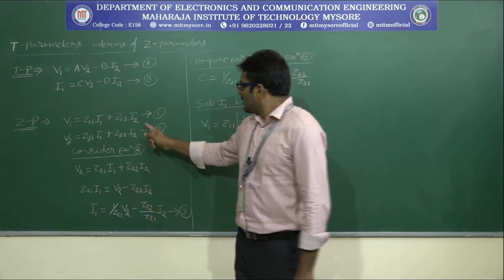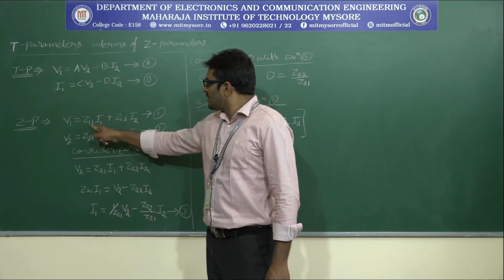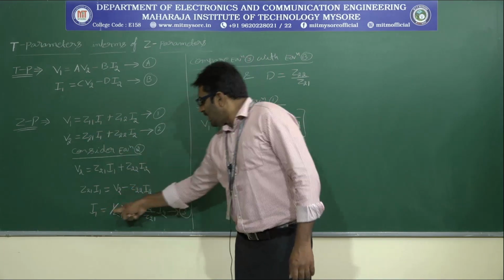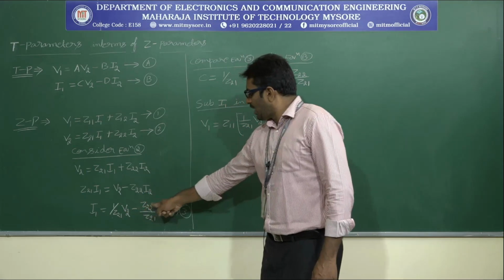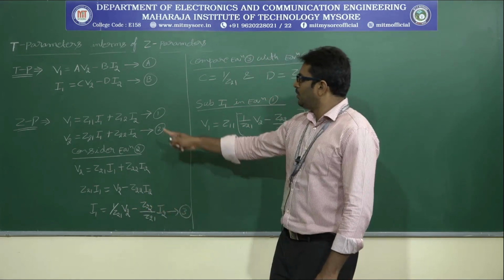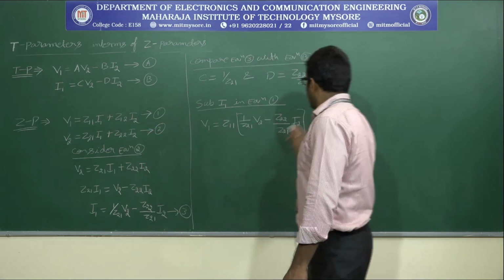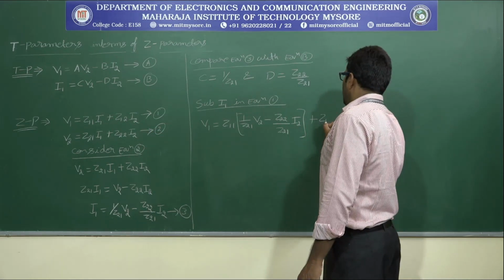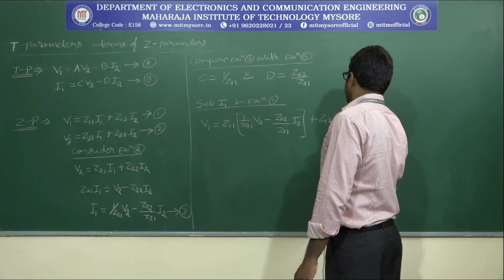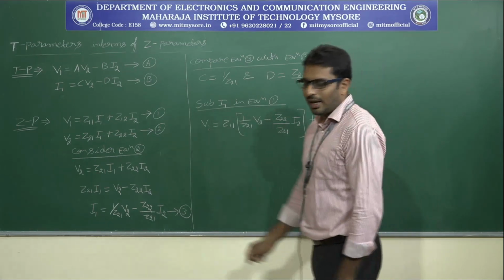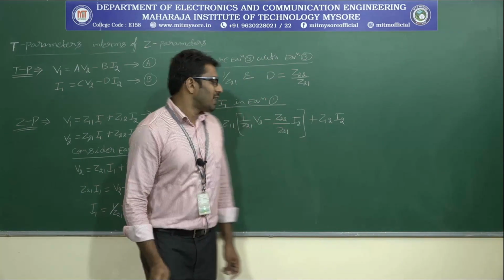See, what is this equation 1? V1 is equal to Z11 I1 plus Z12 I2. What is I1? I1 is 1 by Z21 V2 minus Z22 by Z21 I2. Just close the bracket. What is the remaining term? Plus Z12 I2. Now simplify this equation.